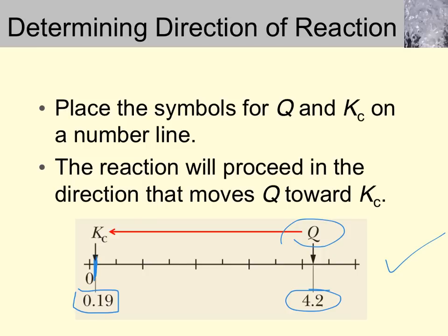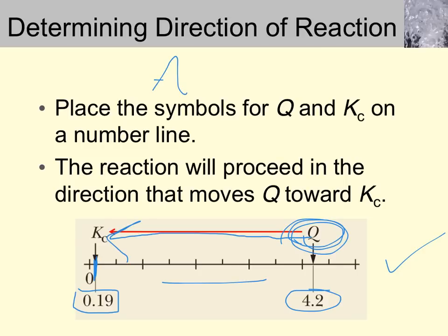So K does not equal Q in this case, so you're not at equilibrium, but let's say the question says, which direction does a reaction need to shift to reach equilibrium? And you have a little bit of trouble with that rationalization. It will always work if you place them on a number line in the right positions. You can see here that in order for Q to reach K, it needs to go left.